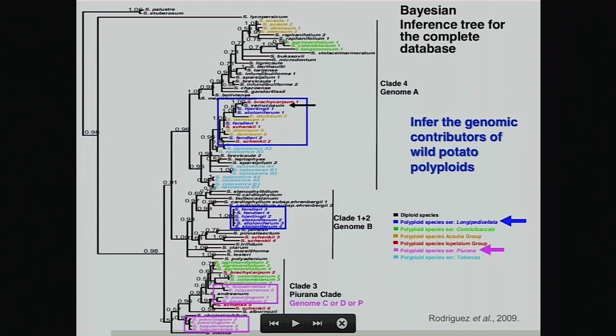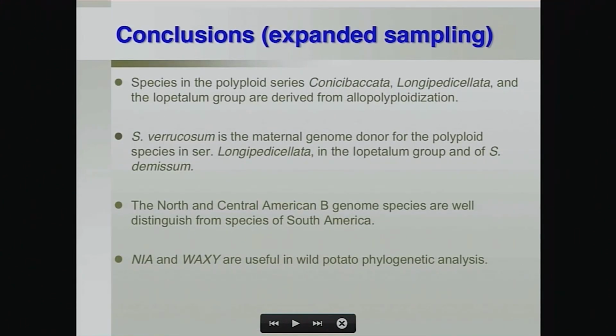But you see that those are few accessions from those species. We wanted to know if we test the same thing in other accessions of those species, whether we get the same result, or maybe there are some differences among them.